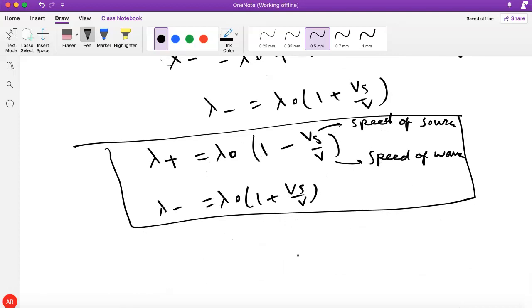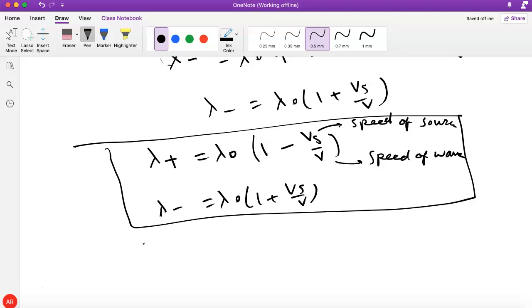Okay, so now we can think about the frequencies associated with these. So we know that the speed of propagation in the medium is constant, is V. So the perceived frequencies will be related to these perceived wavelengths as follows, right?